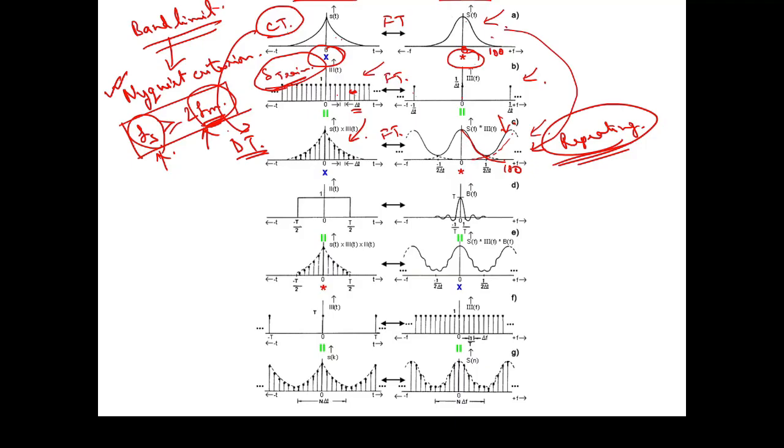Now since it has to be sampled, in the previous case, when we were sampling in the time domain, we went for band limiting. Similarly, when we sample in the frequency domain, we have to time limit the signal. Okay, we have to time limit the signal.